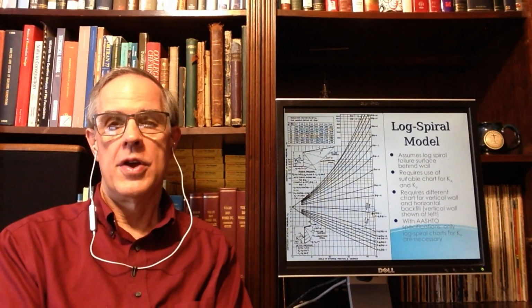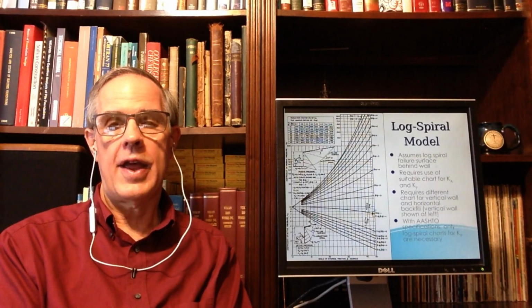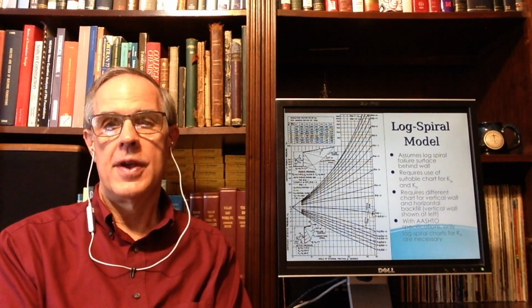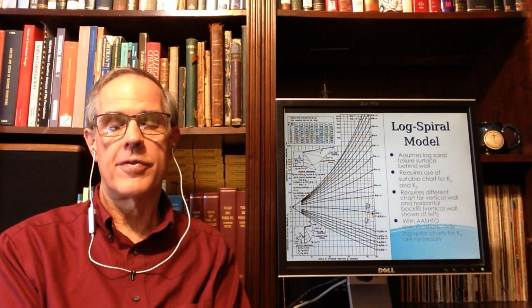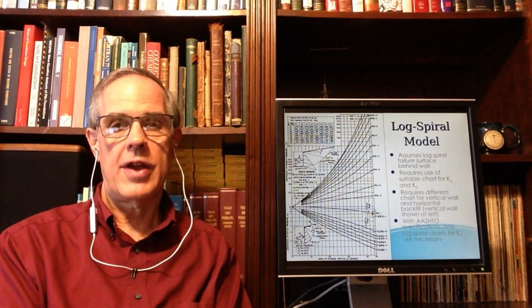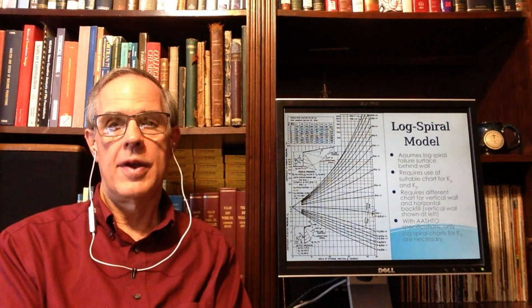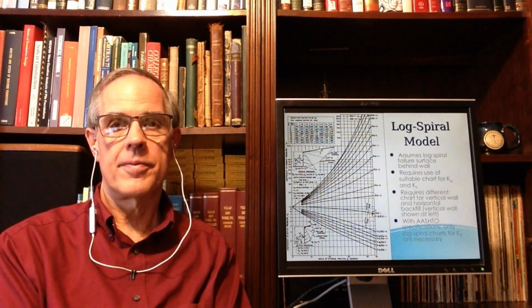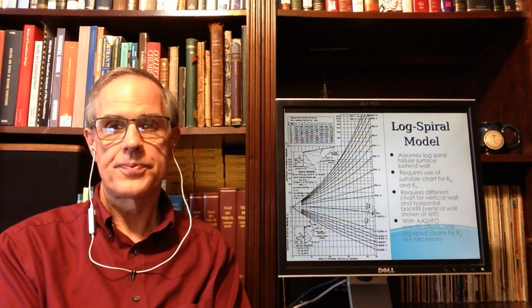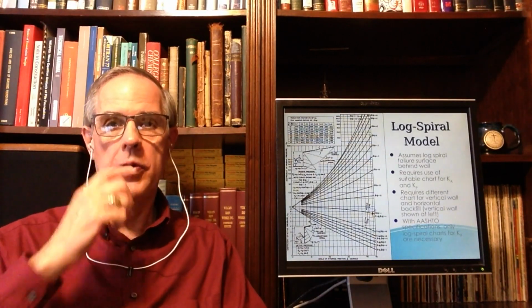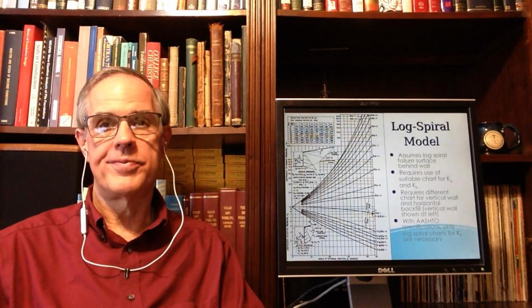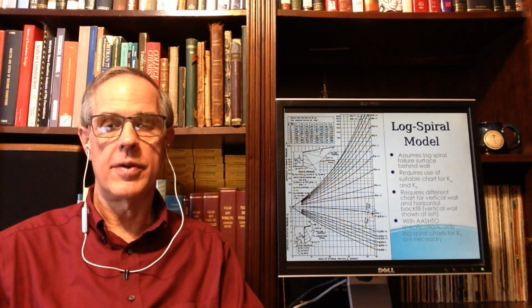For others, we will use what I call the AASHTO combination, which basically is Coulomb pressures for active and log spiral for passive. This was AASHTO's attempt to get around the issues surrounding Coulomb passive pressures, which are significant. So we have that to deal with.